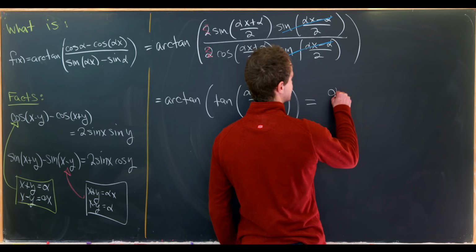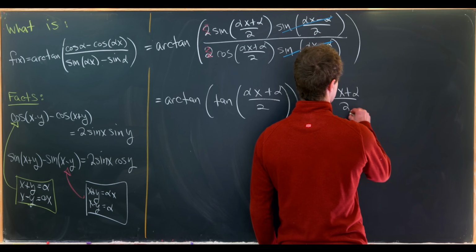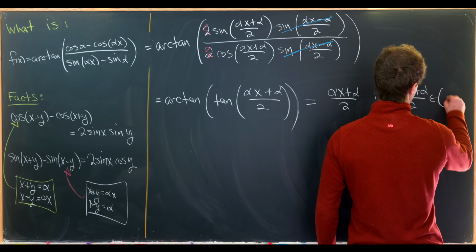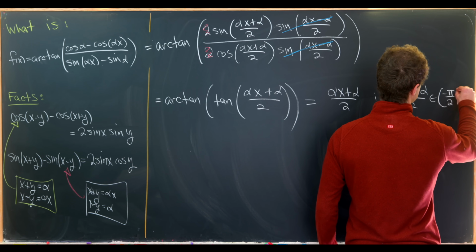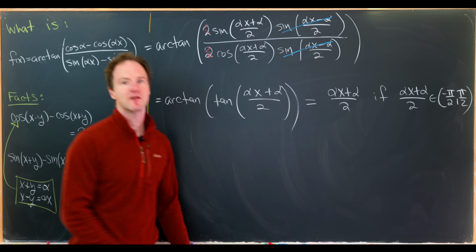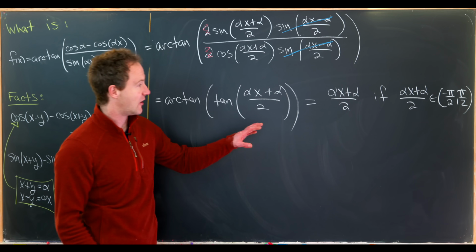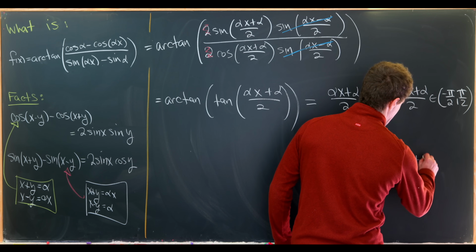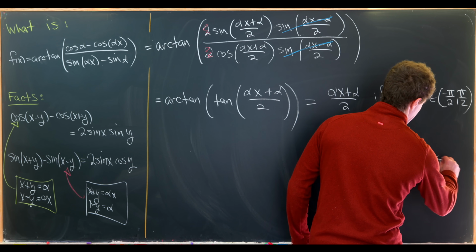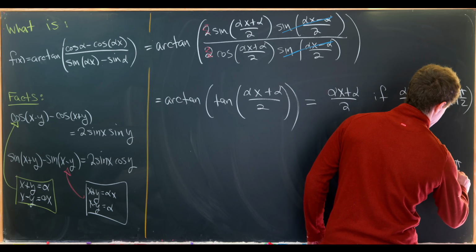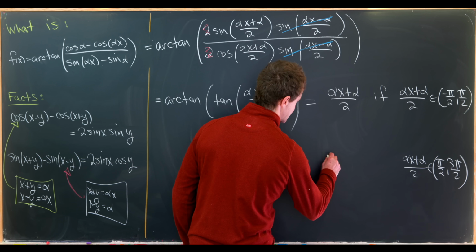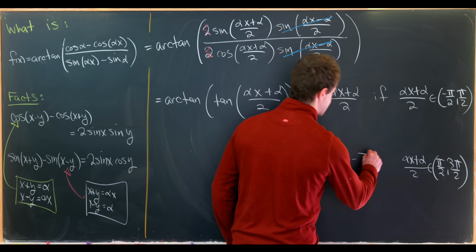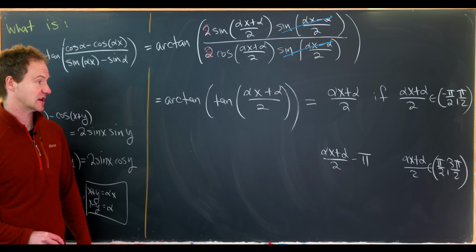So these will cancel down to alpha x plus alpha over 2 if alpha x plus alpha over 2 is on the interval minus pi over 2 to pi over 2. But for instance, if alpha x plus alpha over 2 is on the next interval, so in other words, we have this quantity is on the interval pi over 2 to 3 pi over 2, then you don't get this expression. You in fact get the expression alpha x plus alpha over 2 minus pi. So you have this shifting involved.